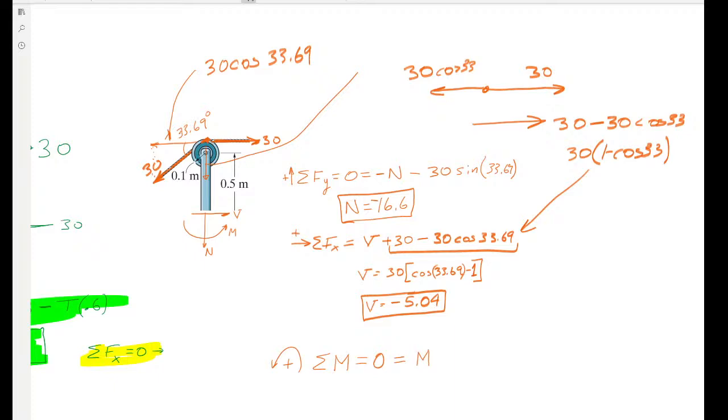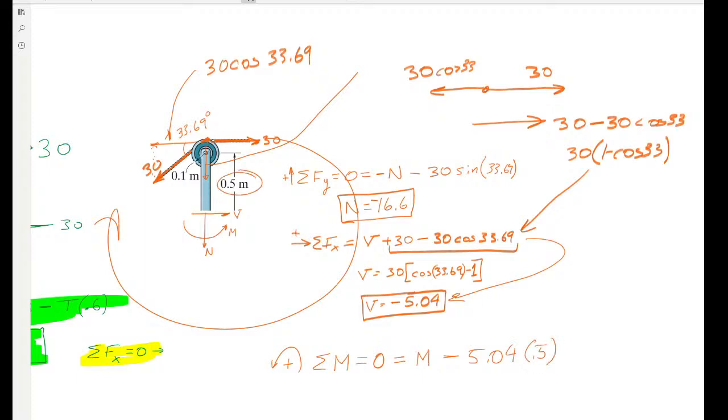So in fact, that value is going to the right at the very top. And since it's going to the right, it's basically doing this direction. So it is a minus 5.04 times its moment arm of about 0.5.